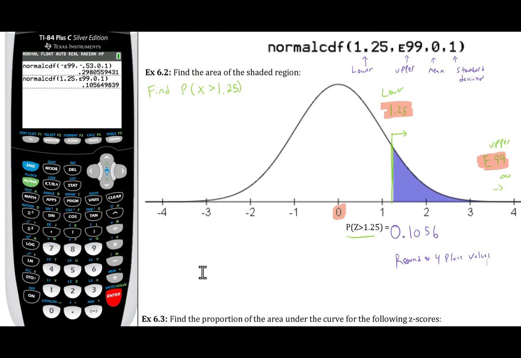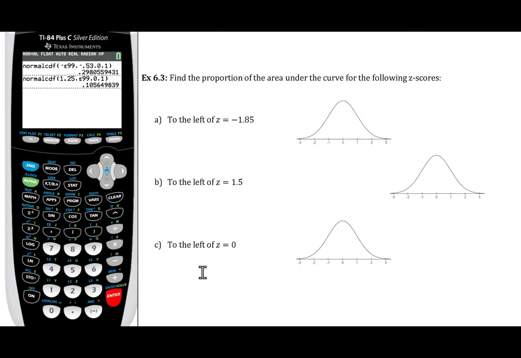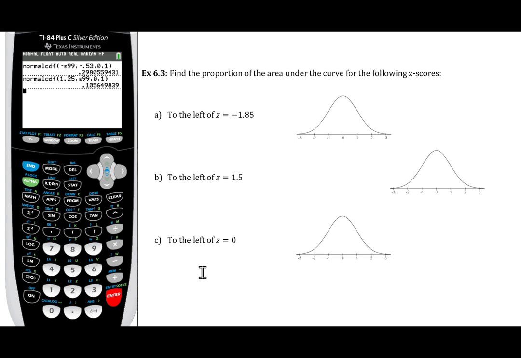All right, let's do a few more examples. These examples ask us to find the proportion of the area under the curve for the following z-scores. To the left of negative 1.85. I always like to visualize these. So my lower bound is going to be negative E99. My upper bound is going to be negative 1.85. Let me clear the screen.